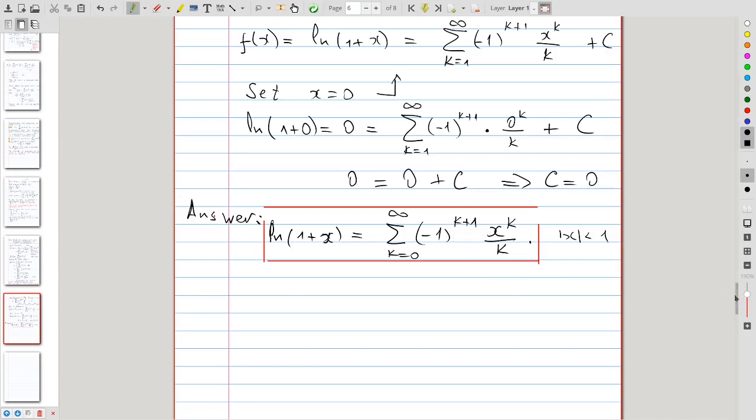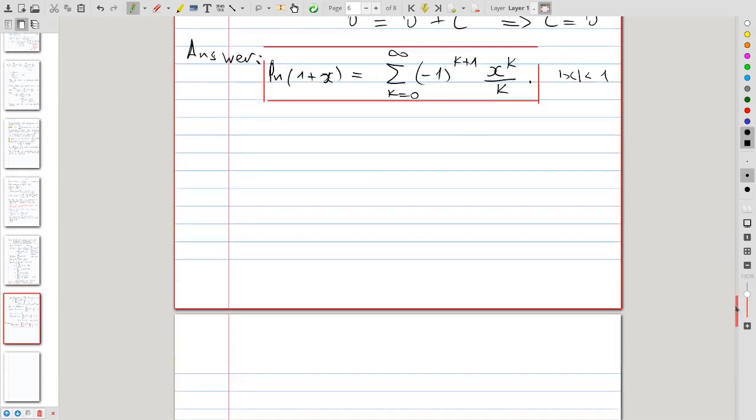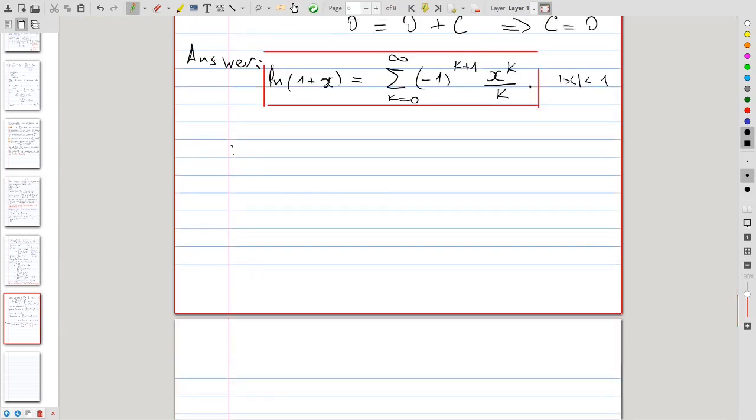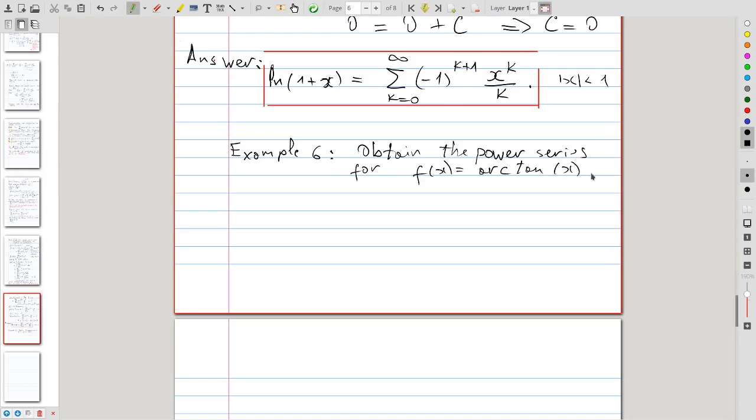So in example 6, we will obtain the power series expansion for f of x equal to inverse tangent of x.